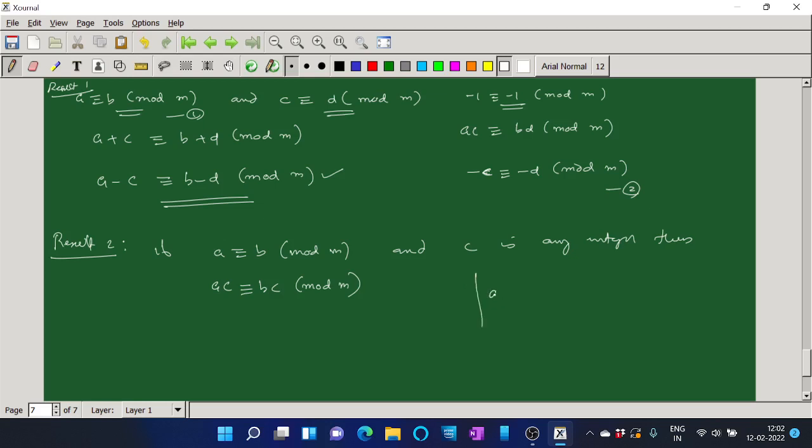So this result is: A congruent to B mod m implies AC congruent to BC mod m.